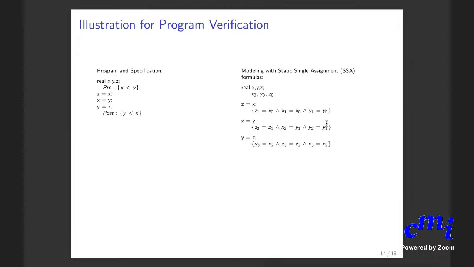So that's an optimization that you can actually do, and that's what single static assignment does. Sorry, it's not static single assignment, it's single static assignment. That is what this is called, where you introduce a new timestamp only for those variables that are modified in each of these statements. Then you take the conjunction of all these piecewise SSAs, and that is your model.